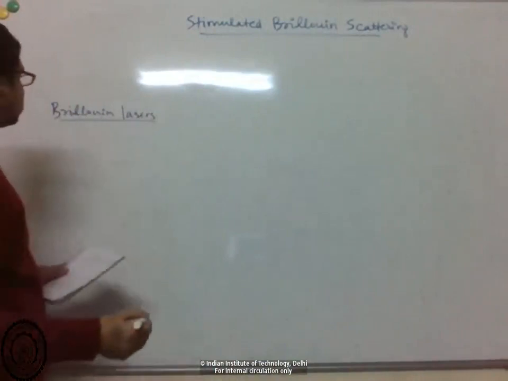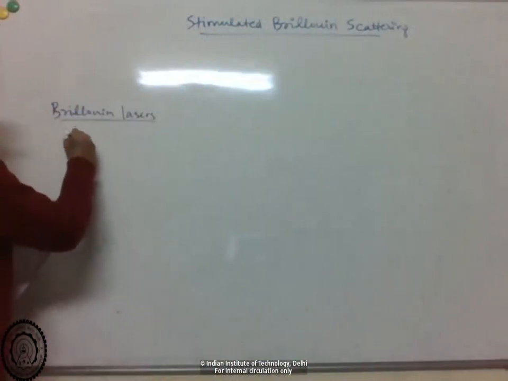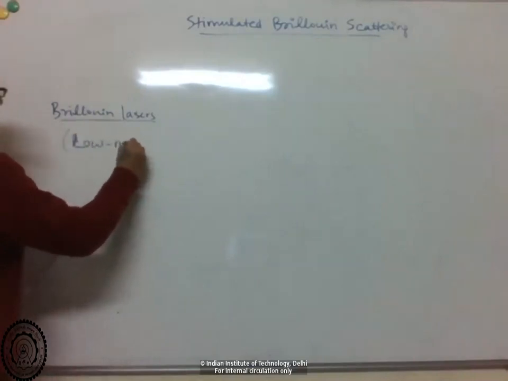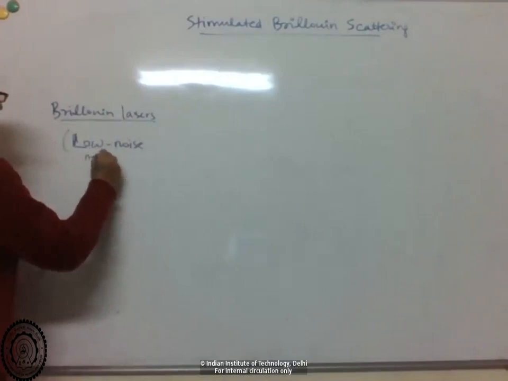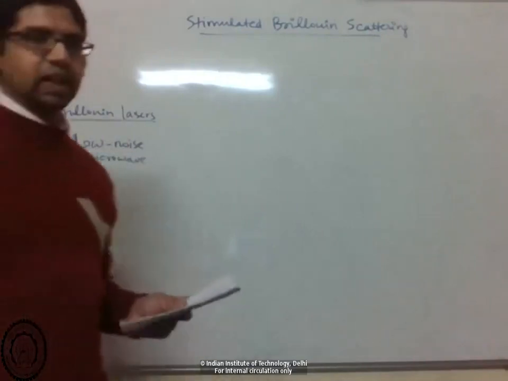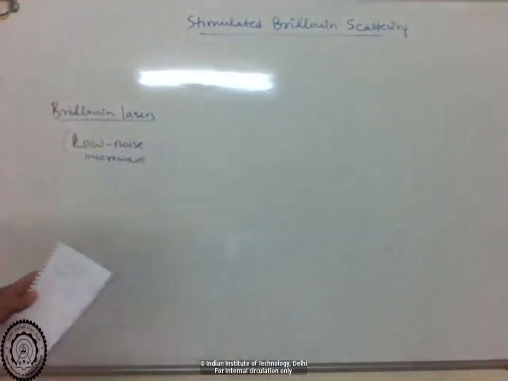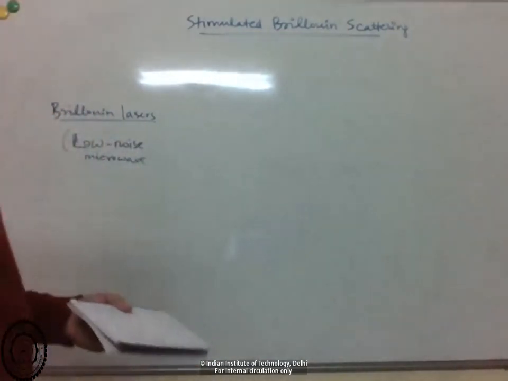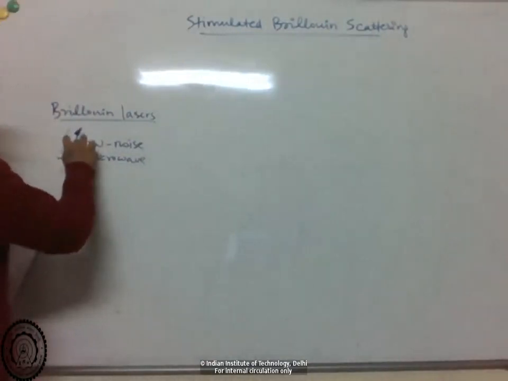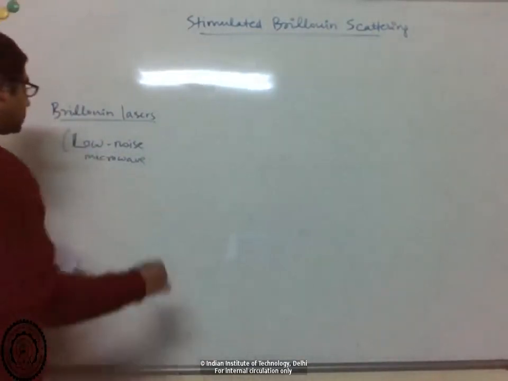So the applications of Brillouin lasers are low noise microwave sources. Let's say you want to generate something at 11 gigahertz, an electronic signal with very low noise. To do it with pure electronics is difficult with very low noise, especially once you start going to higher frequencies.